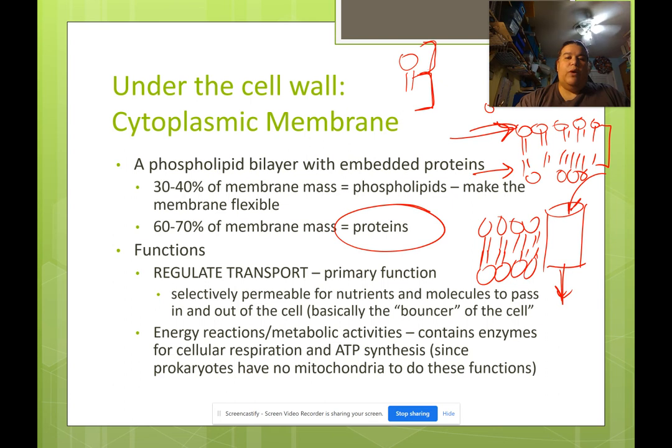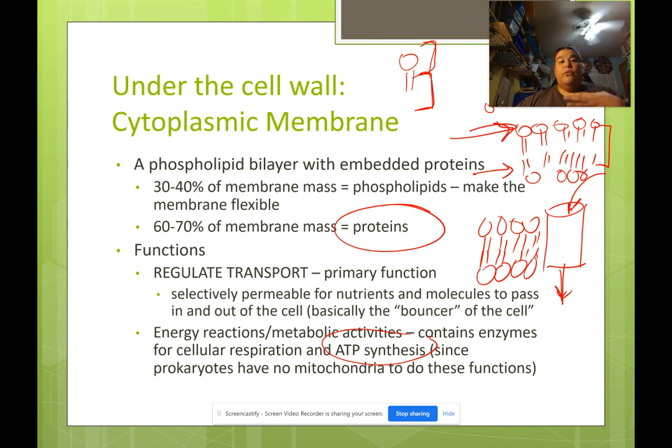Energy reactions and metabolic activities: they contain enzymes for things like cellular respiration, which is basically how we use gases, and usually it's involved in ATP synthesis. Remember, ATP, adenosine triphosphate, is just a fancy way of saying fuel.